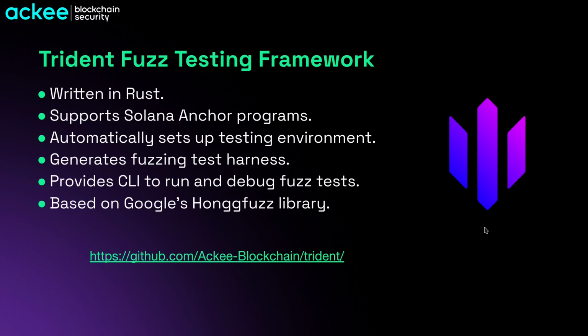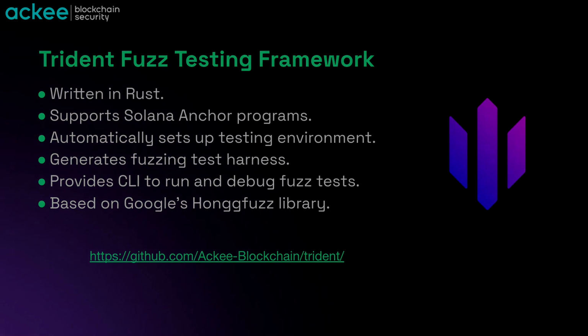It has been developed with the help of a grant from the Solana Foundation. So you can check the project on GitHub, Ackee Blockchain, Trident. Feel free to submit any feedback, issues or pull requests on GitHub.